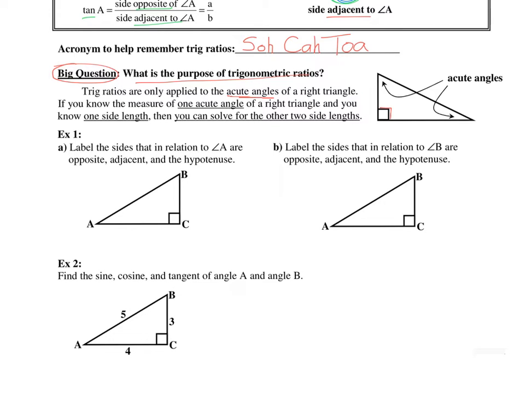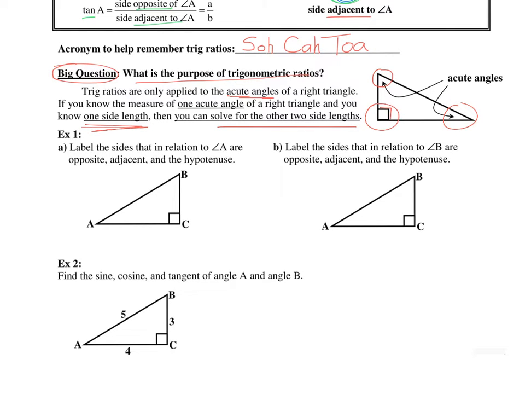Things are weird, something is going wrong on their calculator, they don't know why. You don't apply trig functions to the right angle. You apply it only to the acute angles of the right triangle. And what it helps you do is solve for the other two side lengths of the right triangle when you only know one of them.